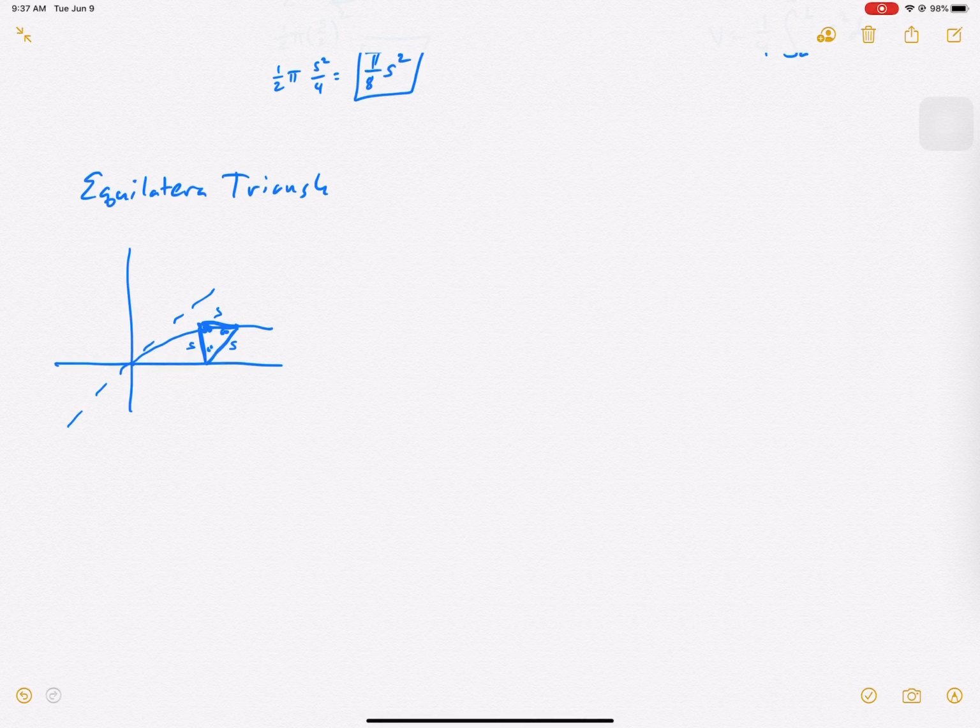Now let's look at a 2D version of this. If I just draw a triangle here and call the sides s, s, s, in this case the side is also the length of the function. How would we find the area equation for this triangle? A conventional way is cutting this in half.